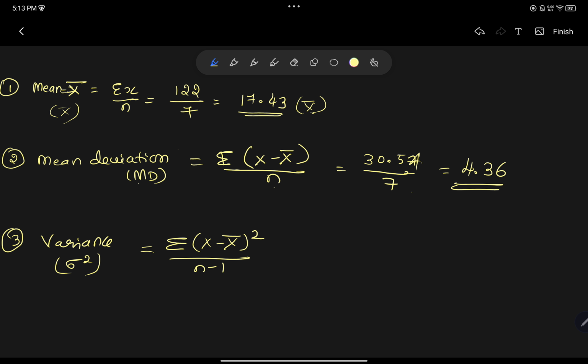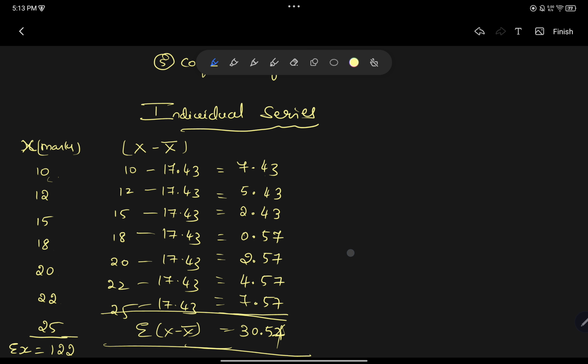Now we have x minus x bar here, but we do not have x minus x bar square. So what we need to do is multiply each by itself. In the calculator, put 7.43 into 7.43, you will get 55.20. Next, 5.43 into 5.43, 29.48.